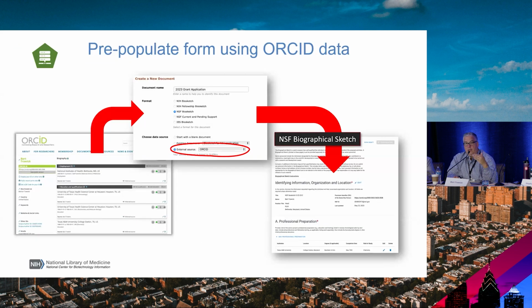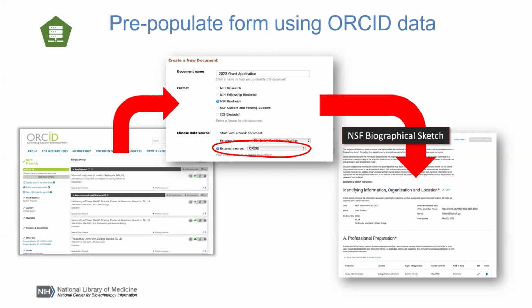In ORCID, you can fill out your profile. If you wish, when you create a new biographical sketch for your NSF application, you can say, use my ORCID account, I've filled out my profile there. If you do that, when we create the new document, we'll call ORCID, pull over all that information, and pre-populate the biographical sketch.